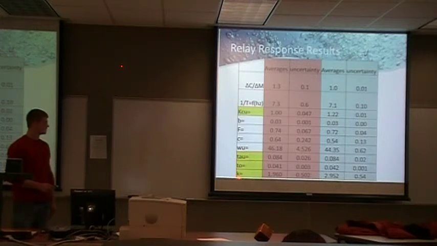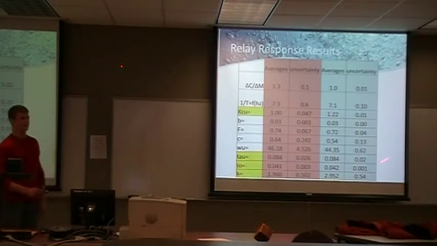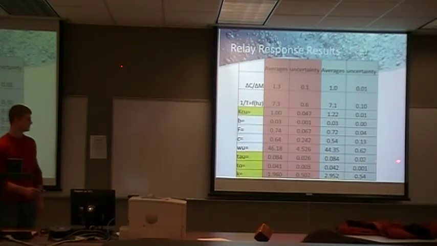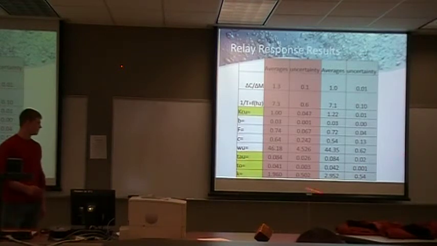The tau, T0, and K values, the parameters that we're going to analyze between the relay and the sine, came up to be 0.084 seconds. His is 0.084 seconds also. The uncertainty is 0.026. His is 0.02. The T0 is 0.041 seconds. His is 0.042 seconds.